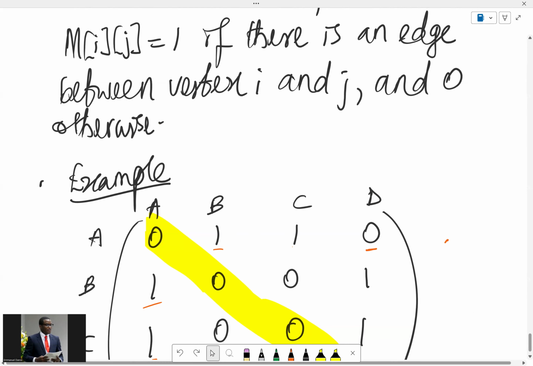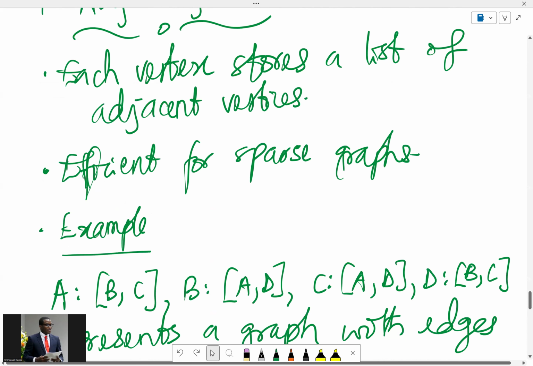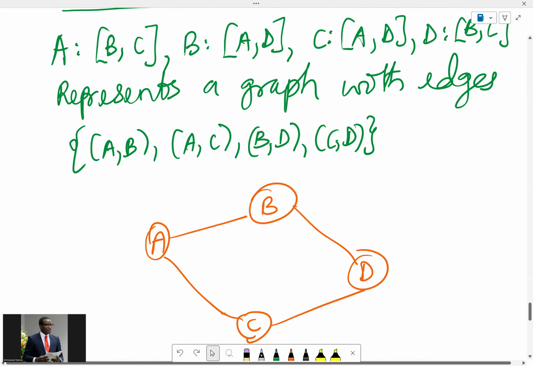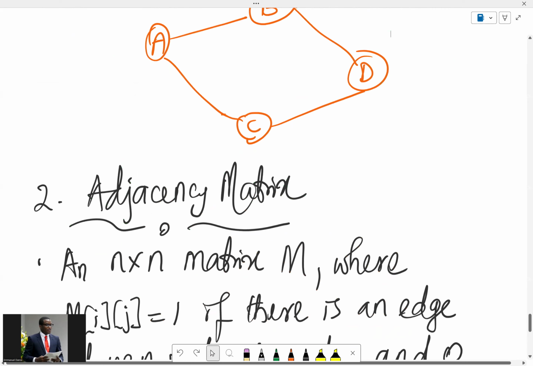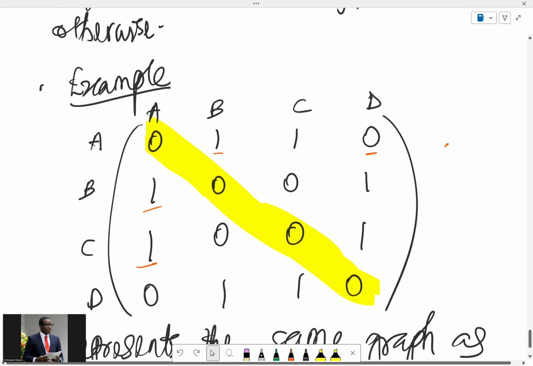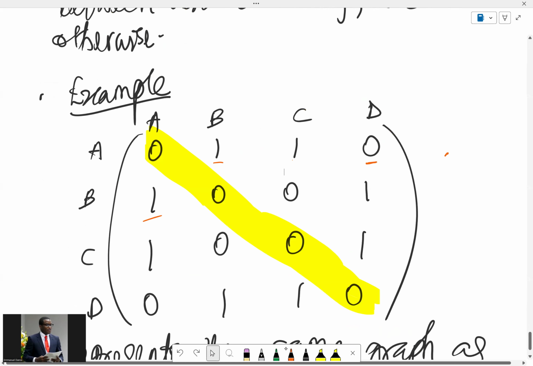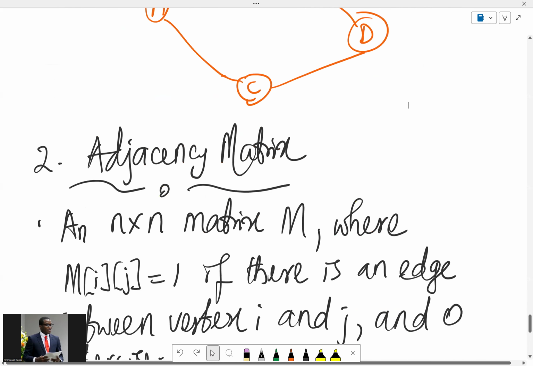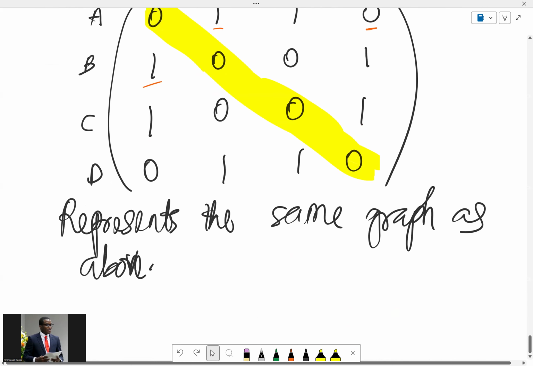So the same graph you have represented using an adjacency list can also be represented using an adjacency matrix. Which one to use depends on your particular scenario. It will look like the adjacency list is more intuitive than this one.